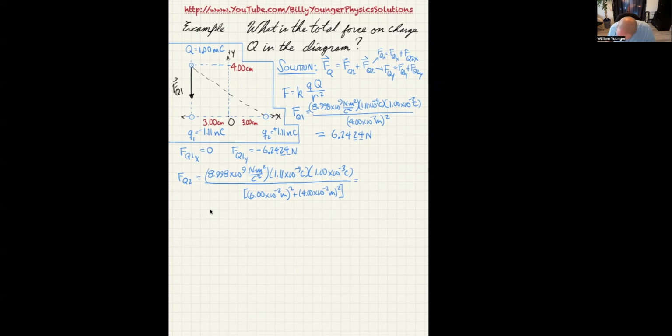And I'm going to say 6.00 times 10 to the negative 2 squared plus 4.00 times 10 to the negative 2 squared, close parentheses, and this gives me a force of 1.90, or excuse me, 1.92. And then that's all the sig figs I'm supposed to have. I want to carry 2 extras, so that's 0.7 newtons.